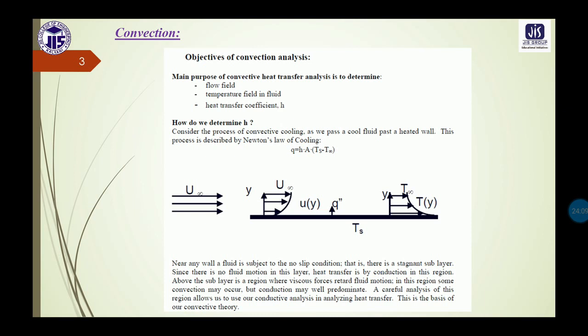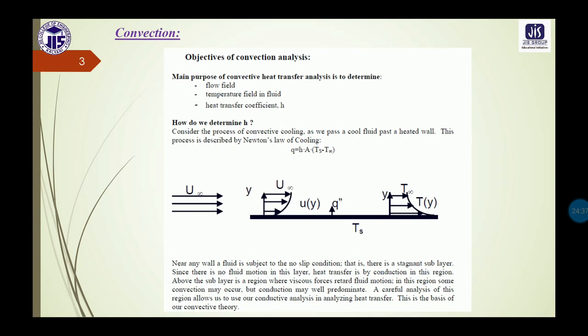So what are the objectives of convection analysis? So what happens in case of the convection? The main purpose of this convective heat transfer analysis is to determine the flow field, then the temperature field in fluid, and the heat transfer coefficient, that is small h.